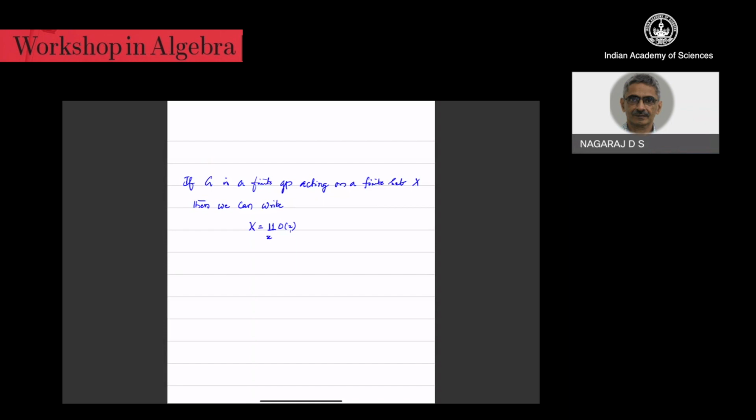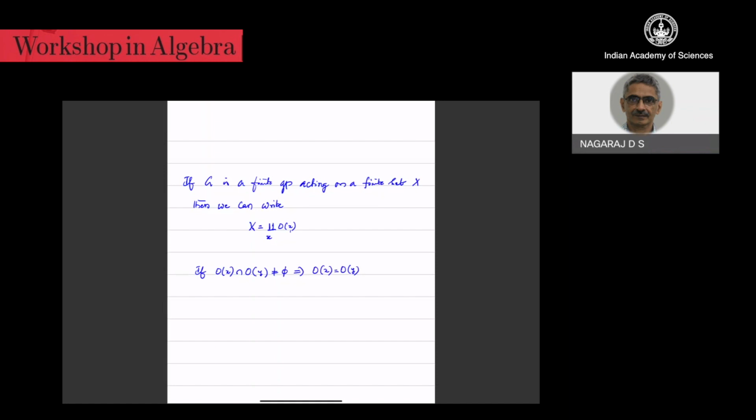What I'm saying is that if O_x intersection O_y is not empty, this implies O_x equals O_y. So we can select representatives in such a way that these are all disjoint. This X can be written as a disjoint union. Okay.